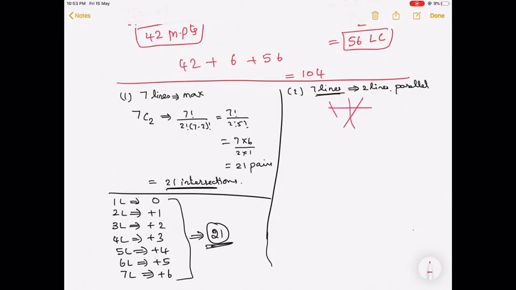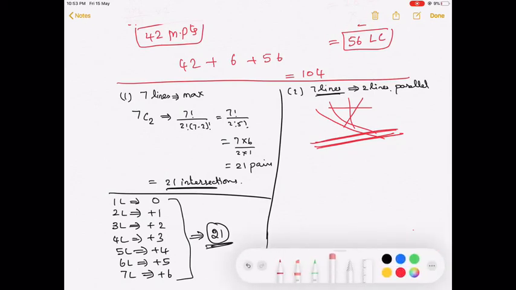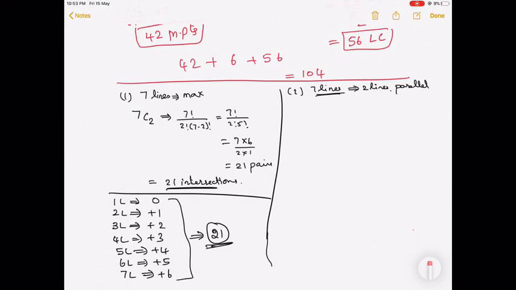I'll take 6 lines not parallel to each other, and the 7th line can choose any one of these lines and be parallel to it, so that I have 2 parallel lines, and all the other lines are not parallel to the given 2 lines. So the first 6 lines will not be parallel to each other. Only the 7th line will be parallel to any one of the lines.